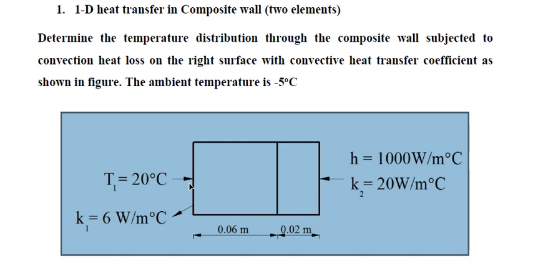Observe the figure carefully. This is one material, because the first wall is having the conductivity of 6 watt per meter degree centigrade. The second wall is having the conductivity of 20 watt per meter degree centigrade.